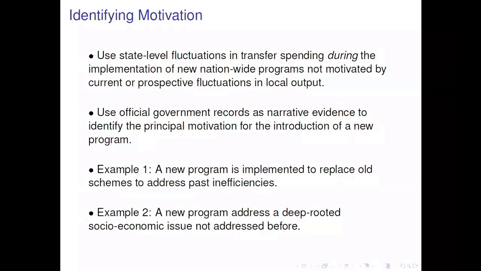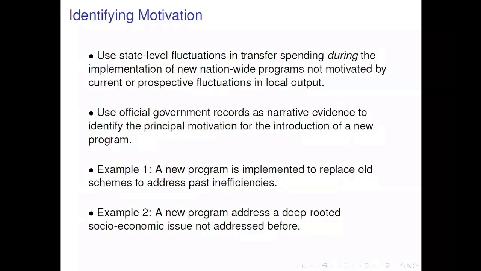The second is that a new program is implemented to address a deep-rooted socio-economic issue not addressed before. So again, the example is that in the year 1981, the government of India said, okay, we need to do something about landless laborers in rural areas because they are the ones most affected by climate shocks, droughts, etc. We need to do something specifically for them.